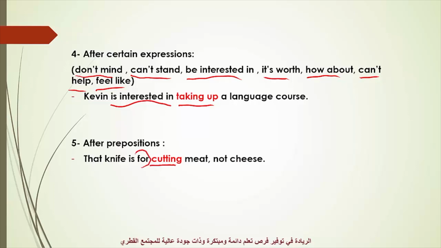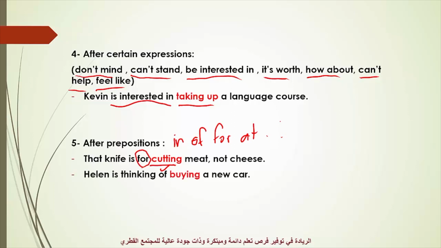Prepositions such as in, of, for, at, etc. Look at the second example. Helen is thinking of buying a new car. So of is a preposition which is followed by buying.